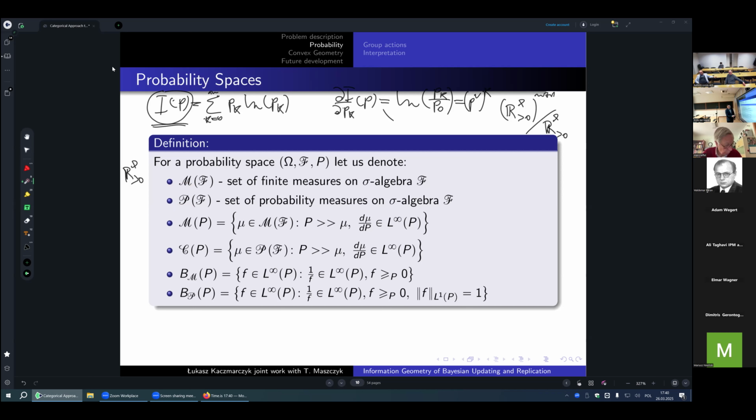And when we look at this part, the most important one, it would later play the role of, let's say, a probabilistic simplex.